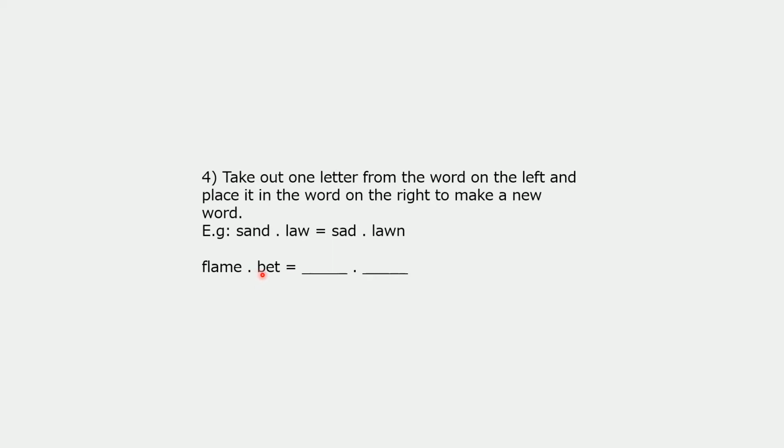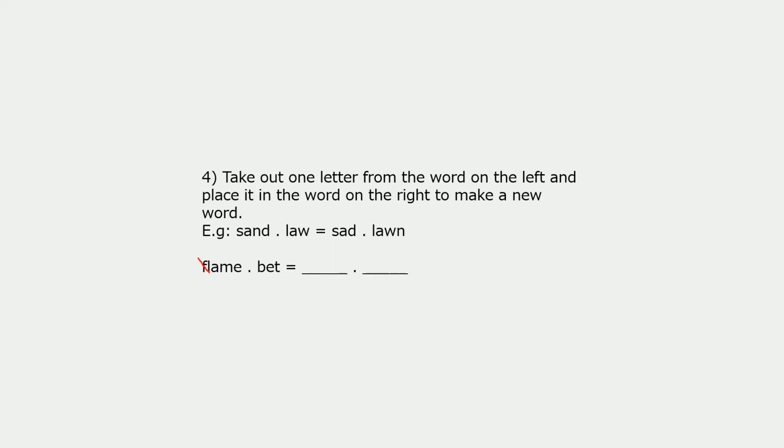F-B-E-T, not a word. B-F-E-T, not a word. B-E-F-T, not a word. B-E-T-F, neither a word. So we know that it can't be F. Let us cross it out.